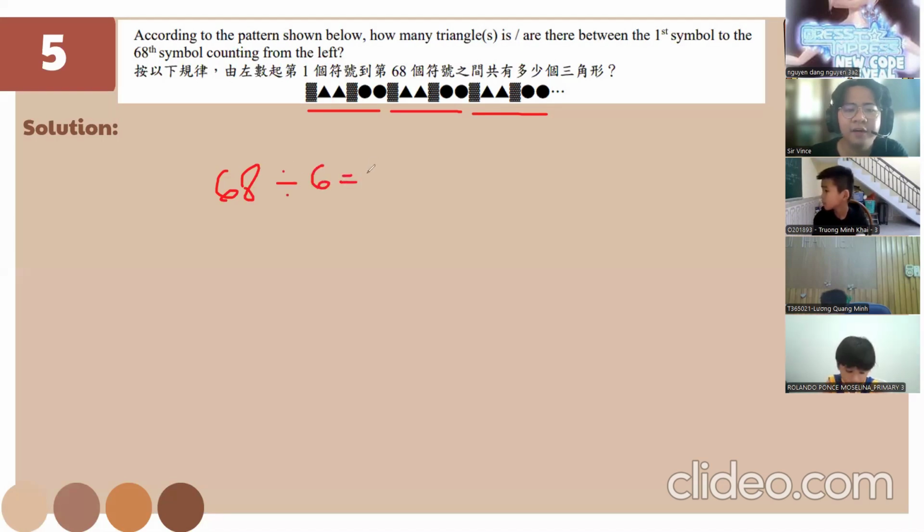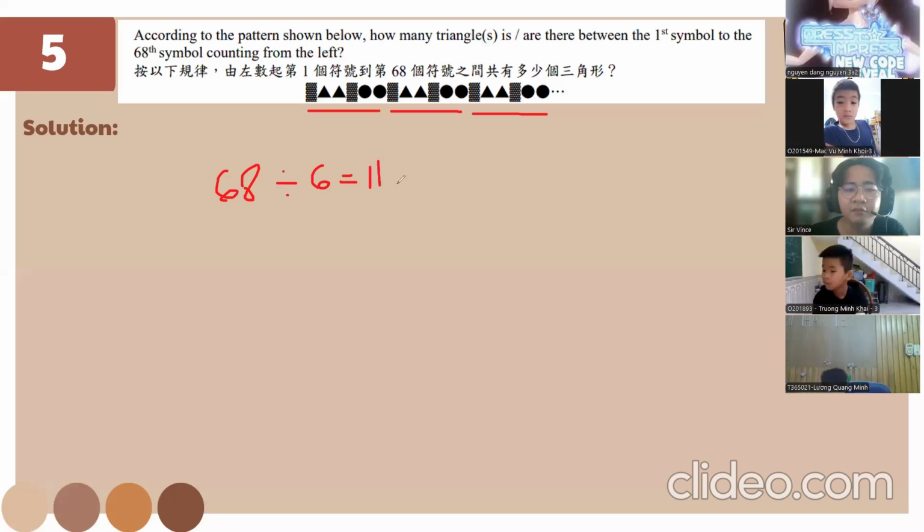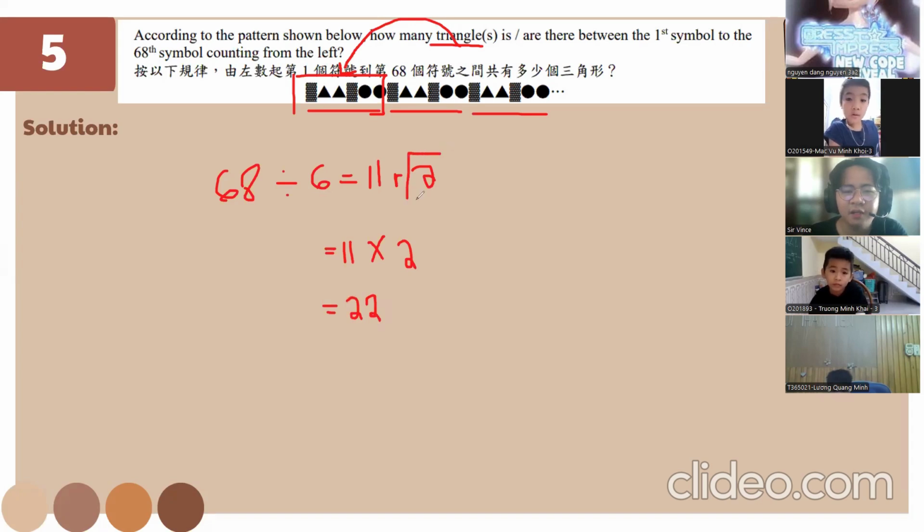We'll get 11 and remainder of 2. And for this specific 6 patterns, we know that the triangle is at least 2. So that's why we have 11 times 2. Okay? But that is not the final answer yet since we have the remainder.